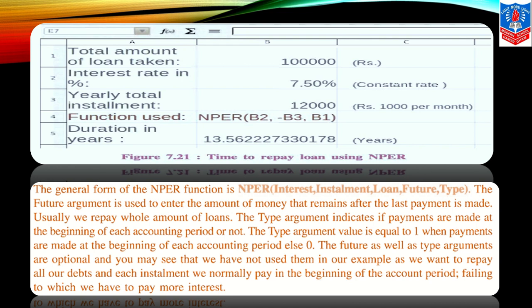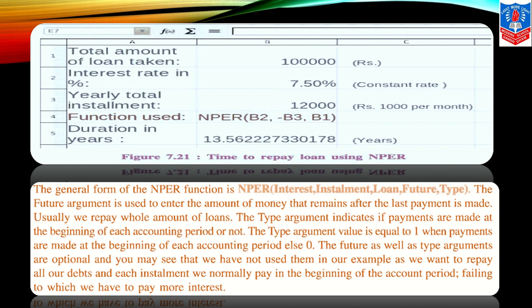The syntax is NPER, then in brackets, the first argument is interest, second is installment, third is loan, fourth is future, and fifth is type. The future argument is used to enter the amount of money that remains after the last payment is made. Usually we repay the whole amount of the loan. The type argument indicates whether the payments are made at the beginning of each accounting period or not.